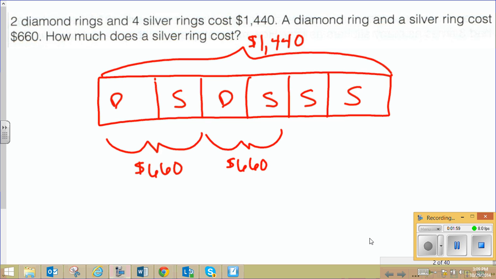So if we put those two pieces together by adding or multiplying by 2, we now know that two diamond rings and two silver rings cost $1,320.